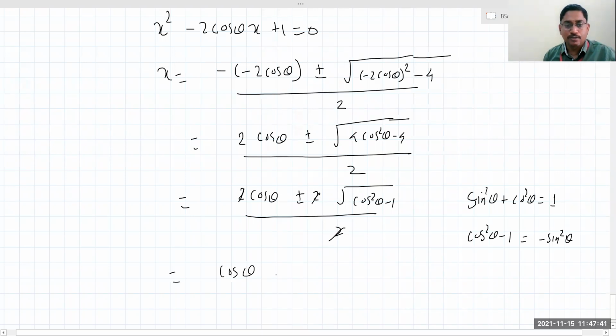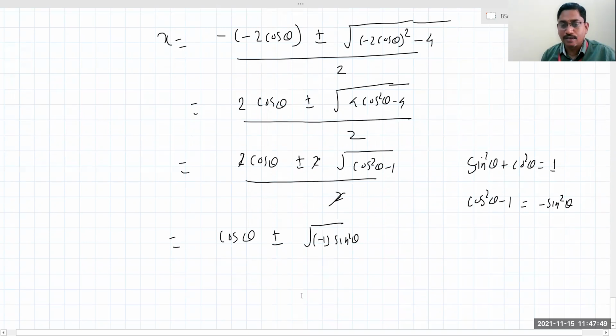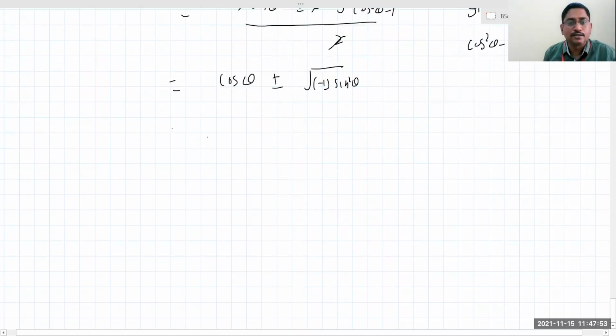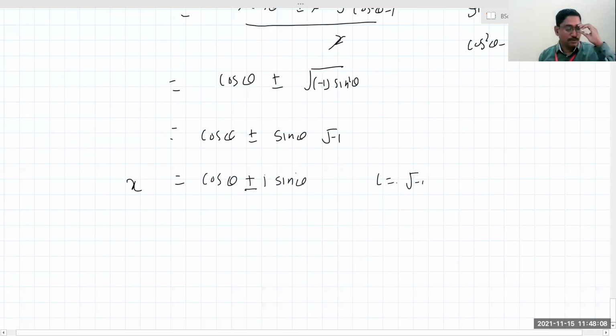So cos theta plus or minus square root of minus 1 into sin square theta. And root of sin square is sin. So what is root of minus 1? I'll write this as cos theta plus or minus sin theta into root of minus 1. Put the value of root of minus 1. So x has two values, cos theta plus or minus i sin theta, where i is the square root of minus 1. Now we have to consider one of the values.